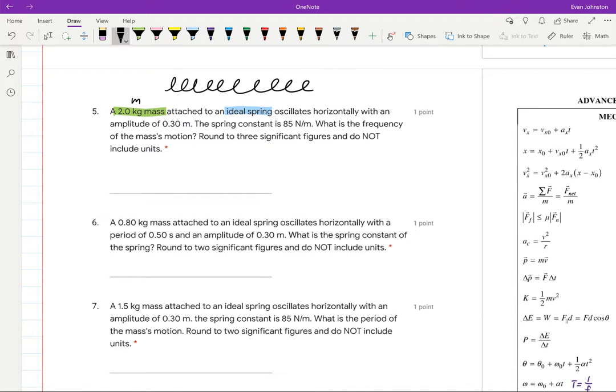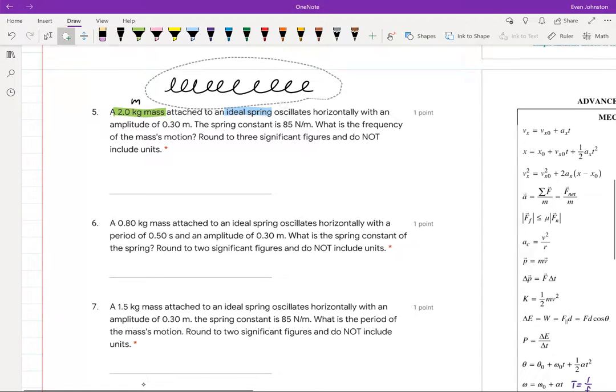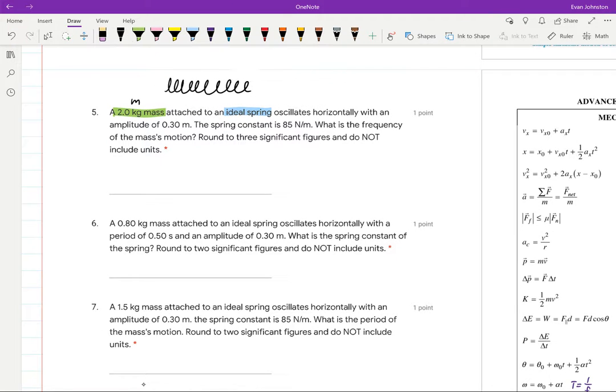Now, oftentimes when you have a spring and you squish it together or stretch it way out, there's actually some friction in the spring itself. So a non-ideal spring is going to lose some energy through friction as it heats up.